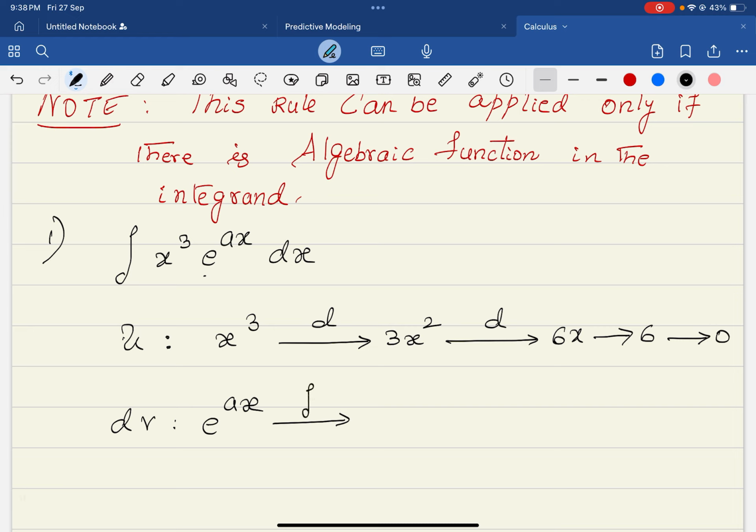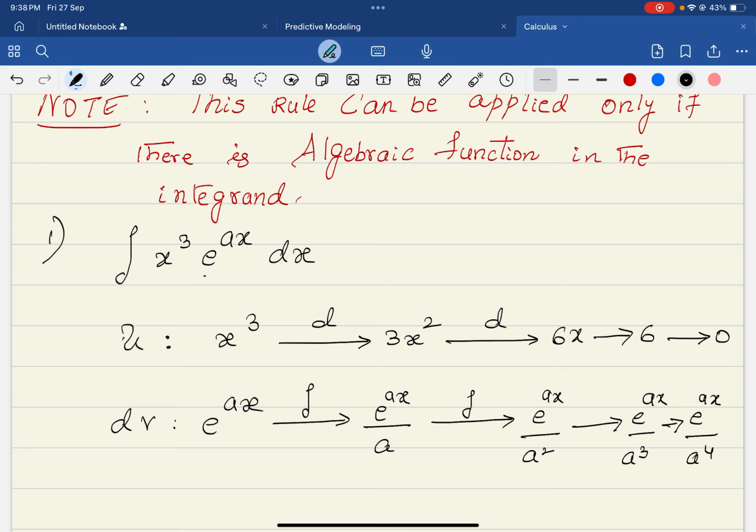So now what is the integral of e raised to ax? The integral of e raised to ax is e raised to ax over a. Now its integral is e raised to ax over a square, and then its integral e raised to ax over a cube, and then its integral e raised to ax over a power 4.